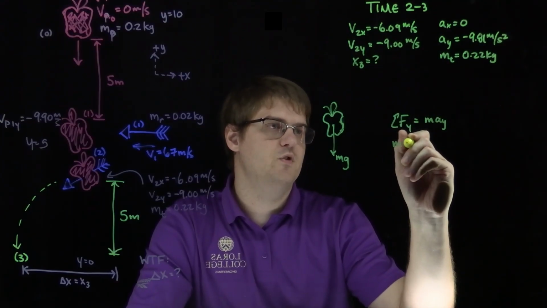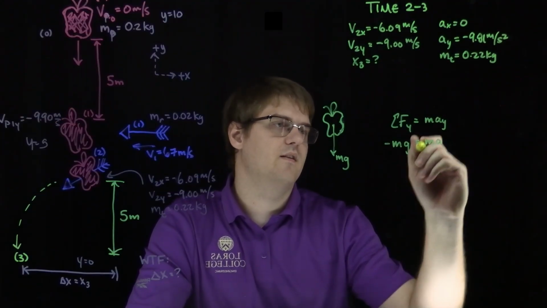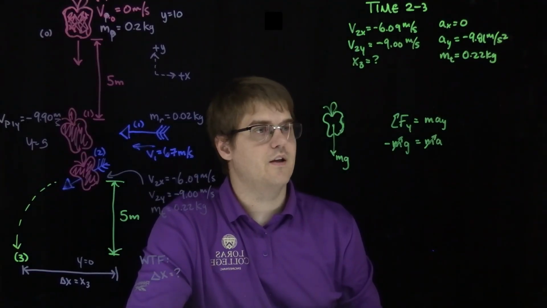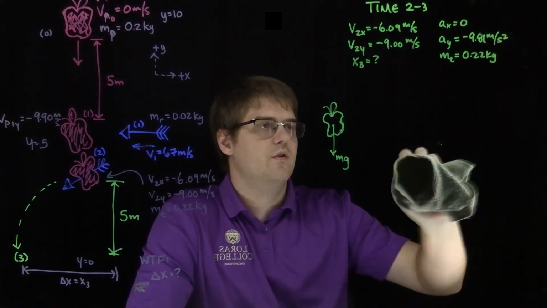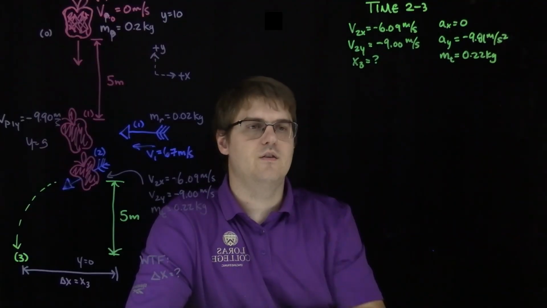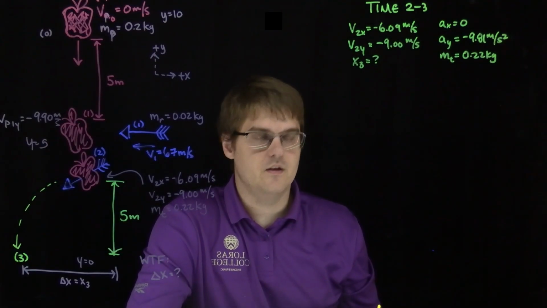I've got mg is equal to ma. This is negative because it's acting down. Masses cancel. Acceleration is negative acceleration of gravity. Done. At this point, we have accelerations, we have velocities, so we're just jumping straight to our kinematic equations.